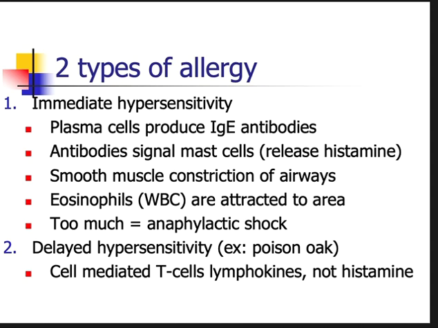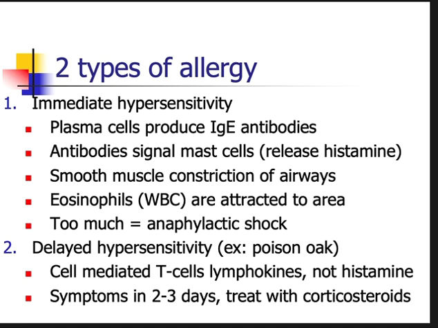This is not the mast cells, not the eosinophils, not the IgE antibodies. Instead, this is causing a cell-mediated, so T cells, not the B cells, cell-mediated response. So then it's not even using histamine. So antihistamines are not going to help someone with poison oak or poison ivy.